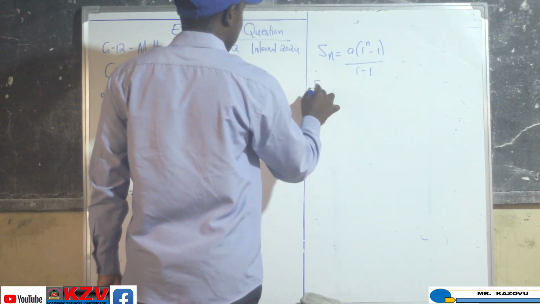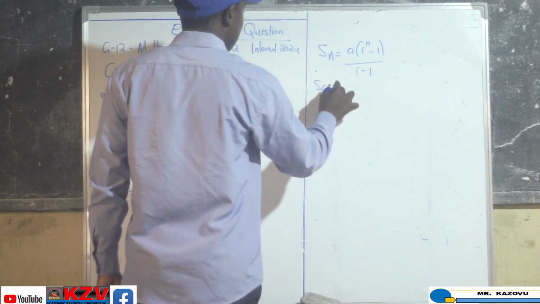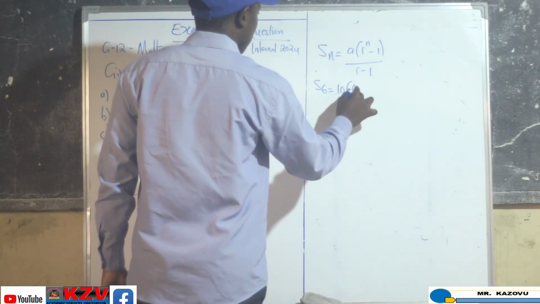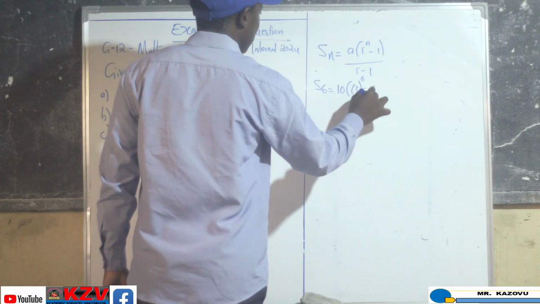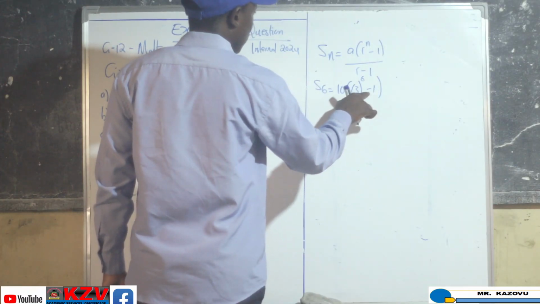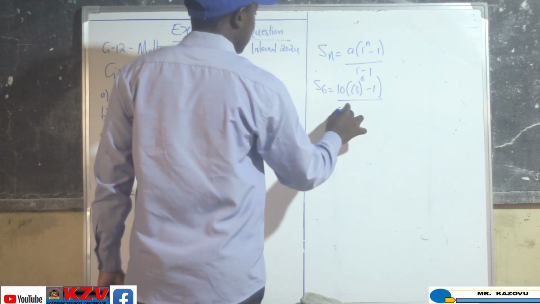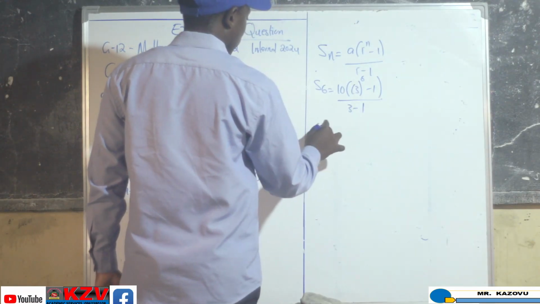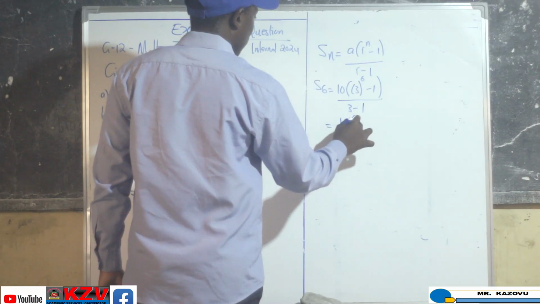Now here we have S6 is equal to A, which is 10. And then what is our R? R is 3, to the power 6 minus 1, over 3 minus 1. Now here we get 10 there, and then we have 3 to the power 6.